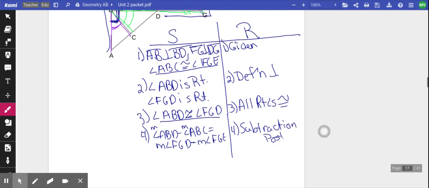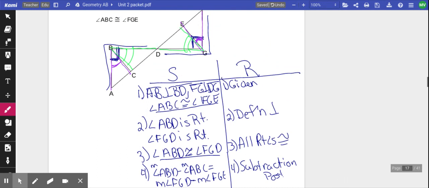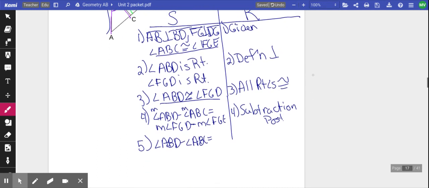Then we know from our angle subtraction that angle ABD minus ABC equals DBC.